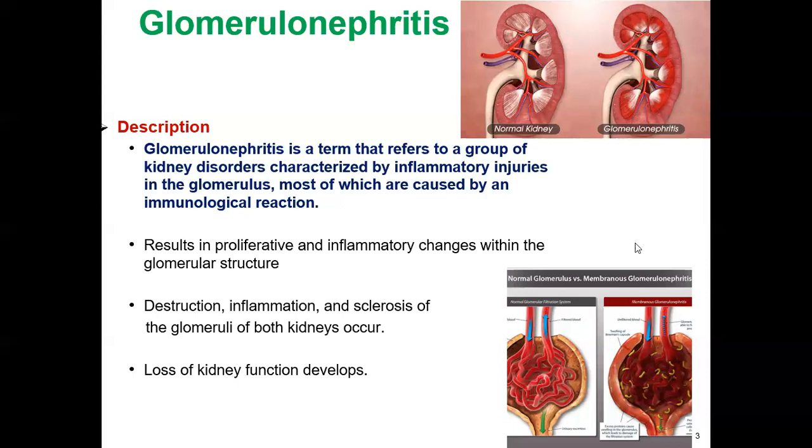So when inflammation occurs in the glomerulus, definitely electrolyte imbalance occurs and waste products accumulate in the body. So what is the pathology? Antigen-antibody complexes collect in the glomeruli and cause inflammation and reduce the glomerular filtration rate.